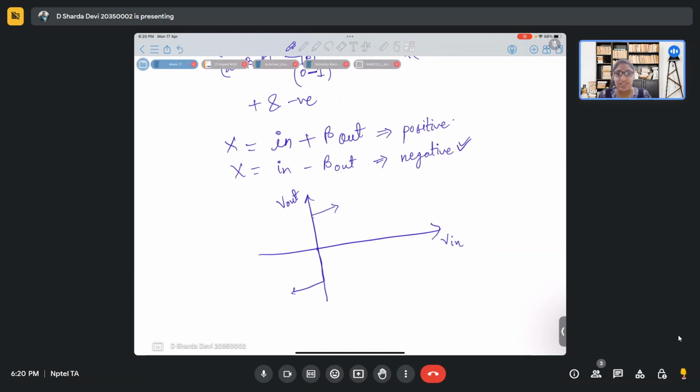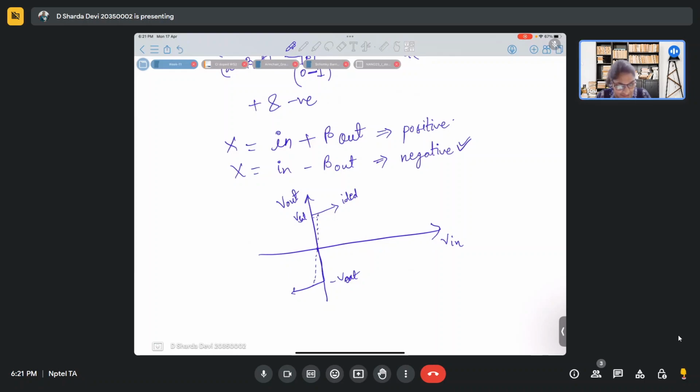So for an ideal op-amp, it is actually like this. The function is like this, and this is for an ideal op-amp, which for a very very small value also will reach its saturation value, Vsat and minus Vsat, right? And if it is a practical op-amp, it will have a slight slope, but ultimately it will saturate.